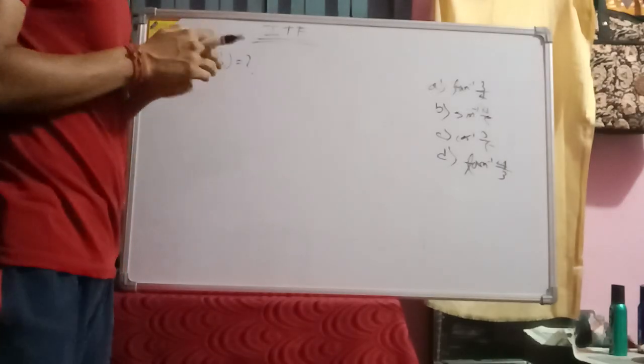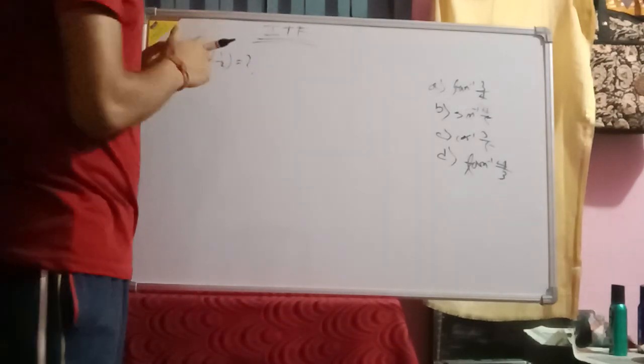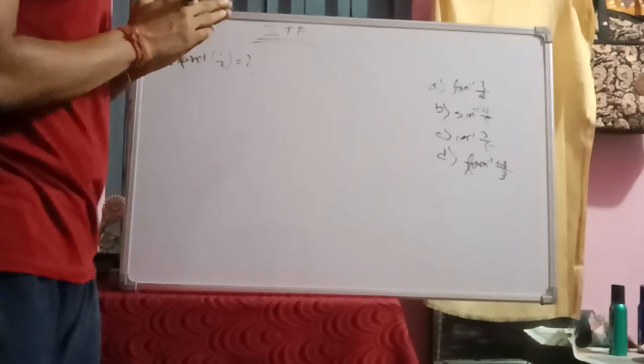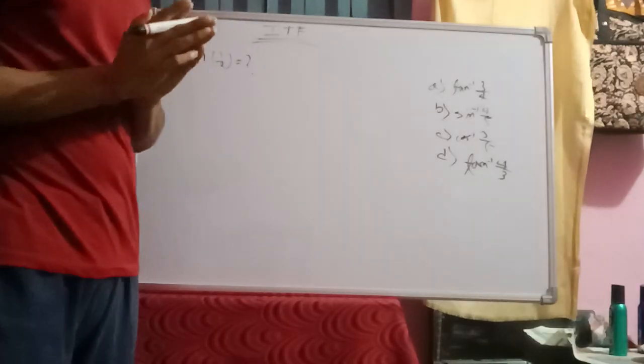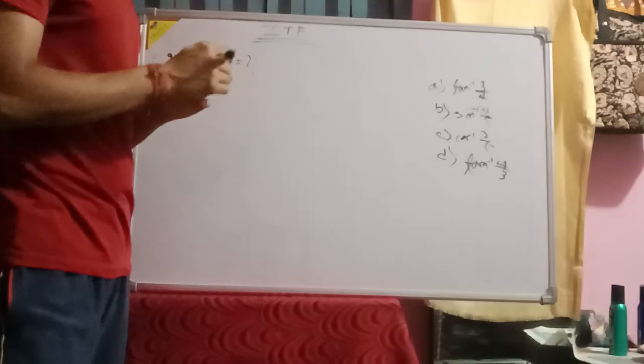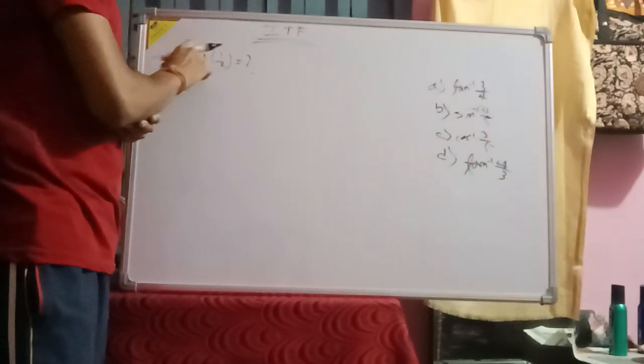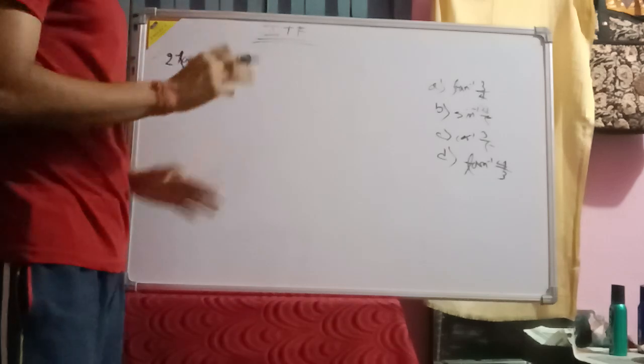But I know that trying to find this value for sine and cos is going to be very easy, because I know that sine of pi by 6 is half and cos of pi over 3 is half. So why not try changing this into sine or cos?